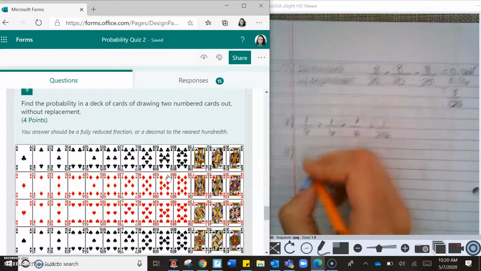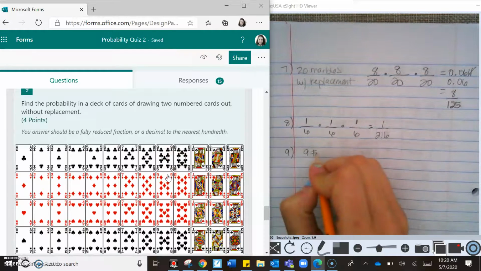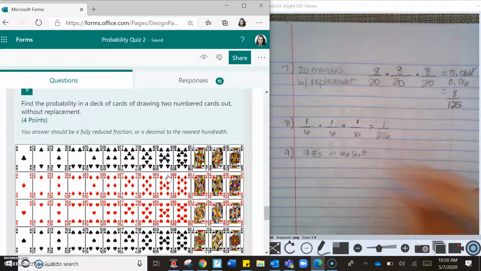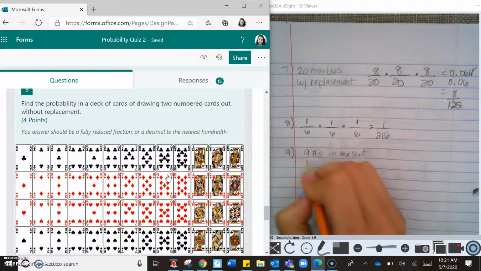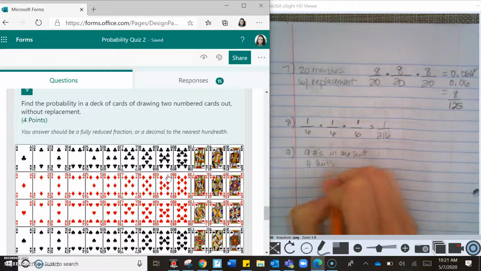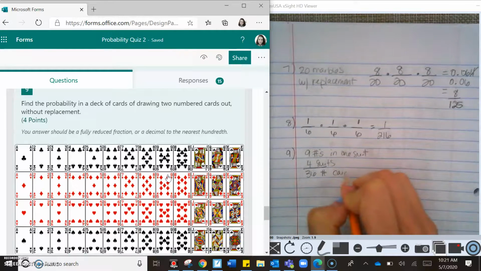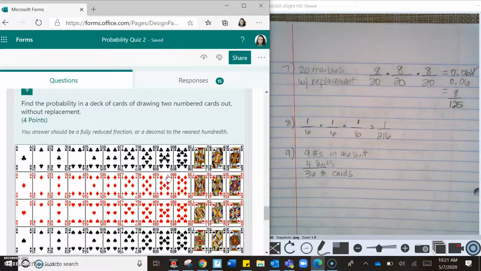So there's 9 numbers in one suit. Okay, well, there's 4 suits. So that's 36 number cards.